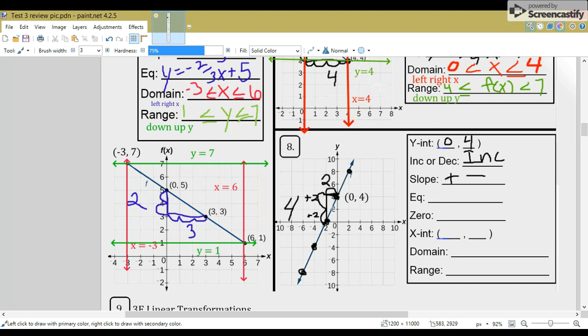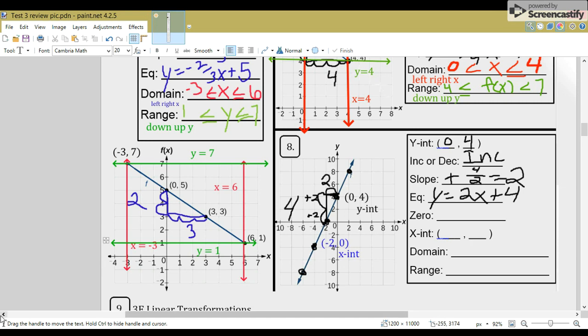So our slope, our change in y, which is 4, over our change in x, which is 2. 4 divided by 2 is 2. So that's your slope. Your equation y equals mx plus b is y equals 2x plus 4. The 4 came from the y-intercept and the 2 came from the slope.